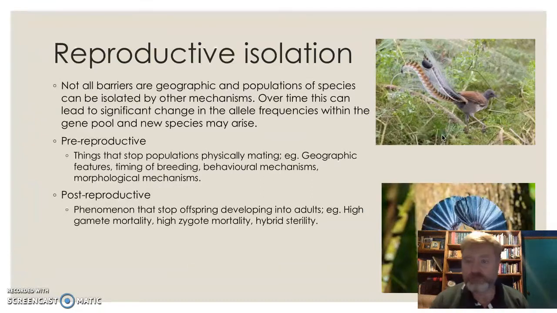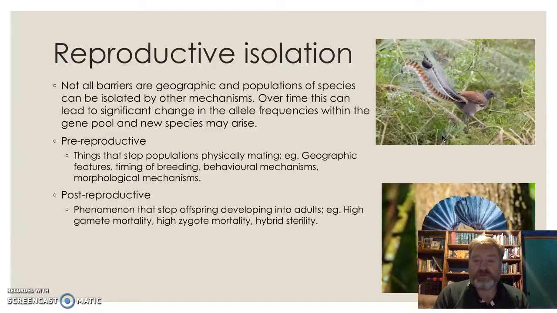We also talk about reproductive isolation. So there are ways of isolating populations that stop them breeding. And I've got two lovely photographs there. You can't see one for my head, but two beautiful birds there displaying their feathers, the male doing his dance. And so, of course, pre-reproductive barriers mean knowing the dance.